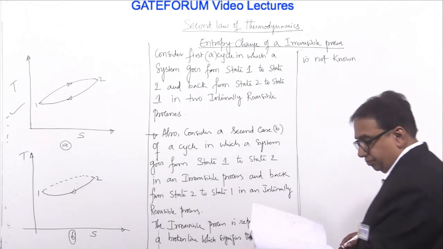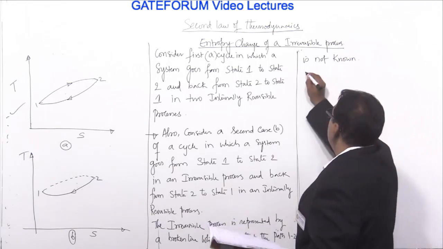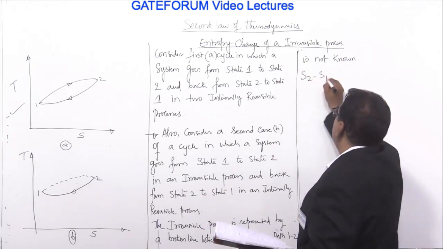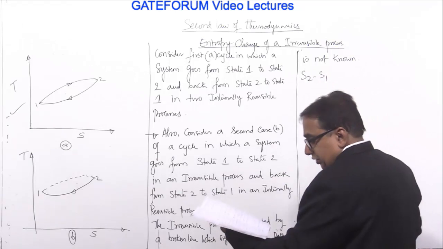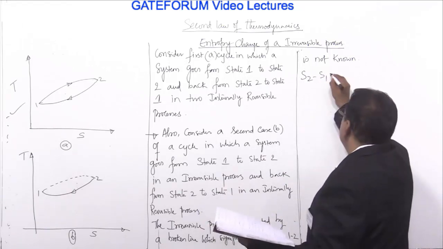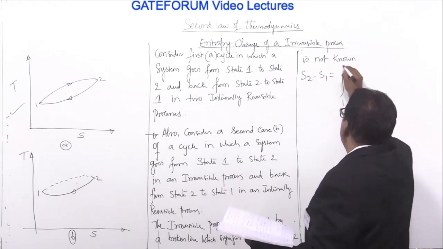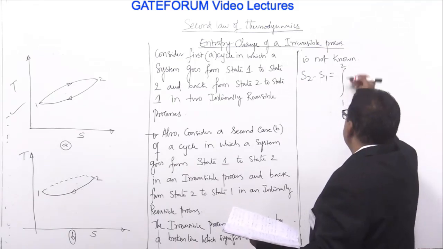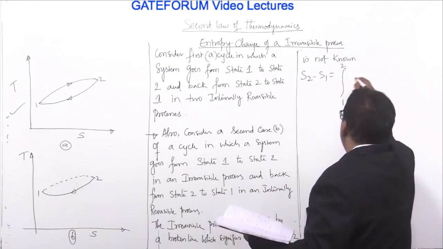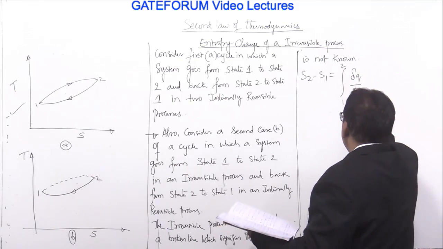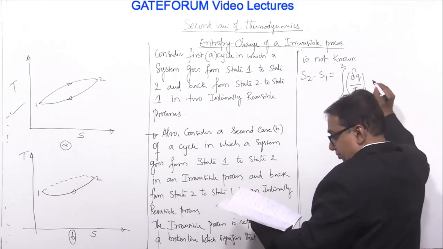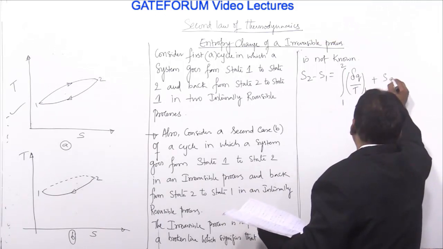Then what is the change in the entropy? The change in the entropy is equal to the integral from 1 to 2, from initial state to final state, of dq by T of B, plus S generation.